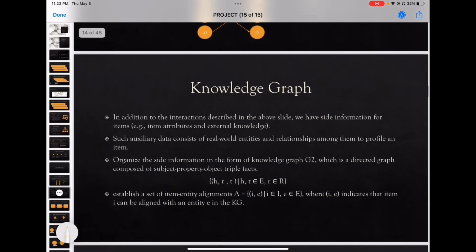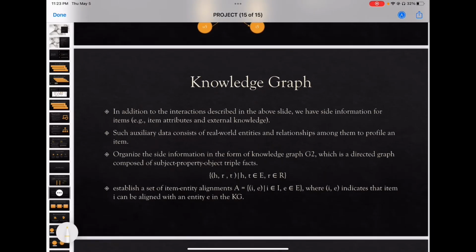The next thing we look at is the knowledge graph. In addition to interactions, we have side information for items, such as item attributes and external knowledge. Such auxiliary data consists of real-world entities and relations among them to profile an item.